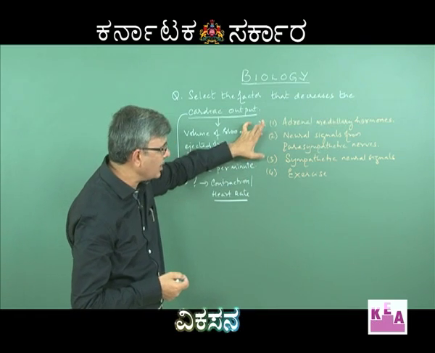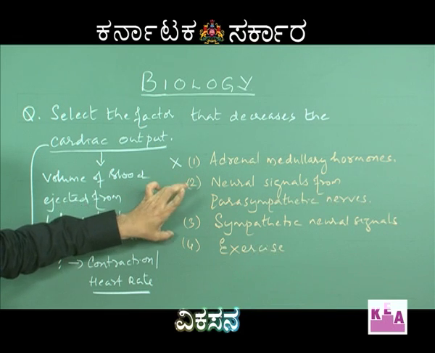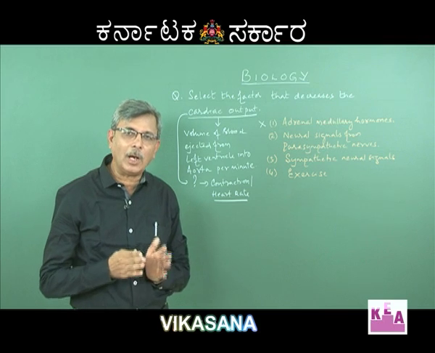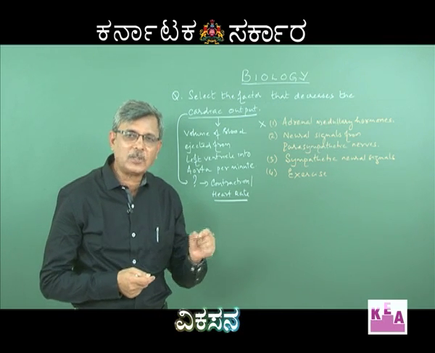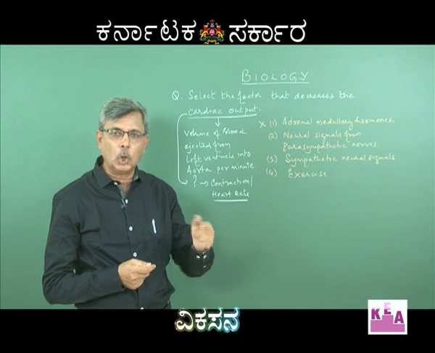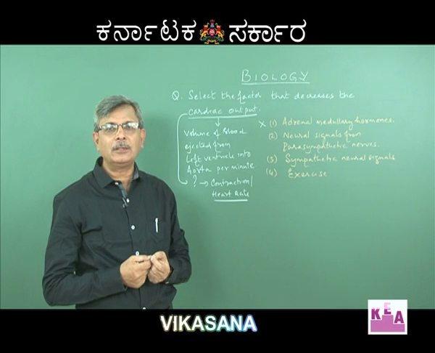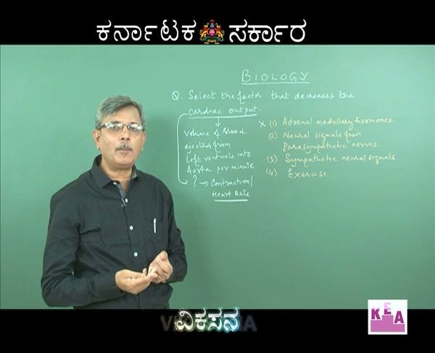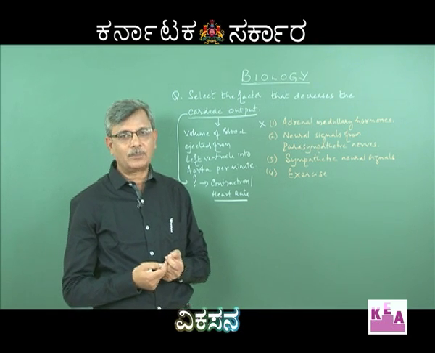Now we come to neural signals, that is, parasympathetic neural signals and sympathetic neural signals. Remember, the human heart is a myogenic heart, where the pacemaker is the sinoatrial node, which is found at the base of the opening of the superior vena cava, and automaticity is the property of a myogenic heart.